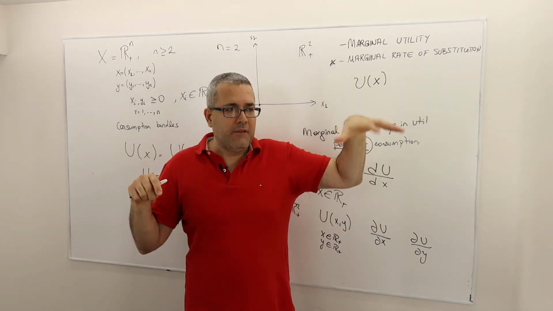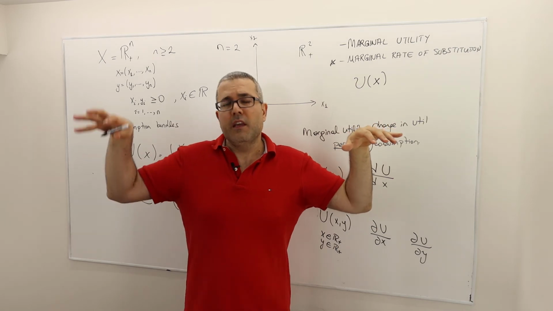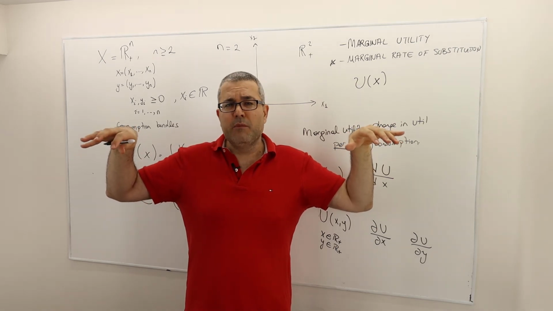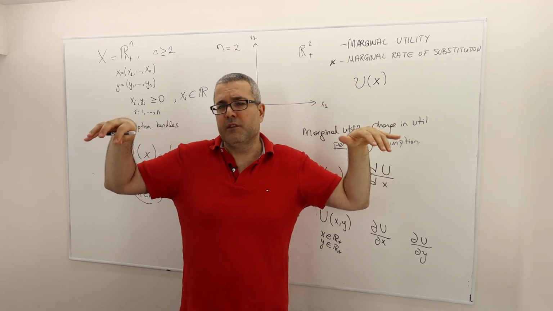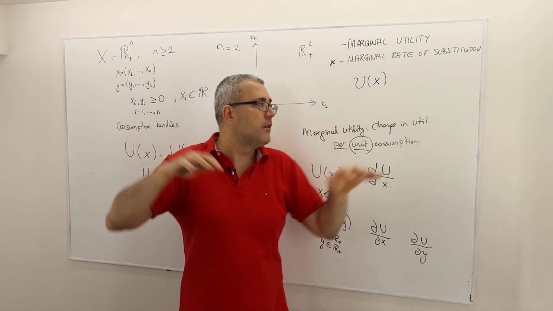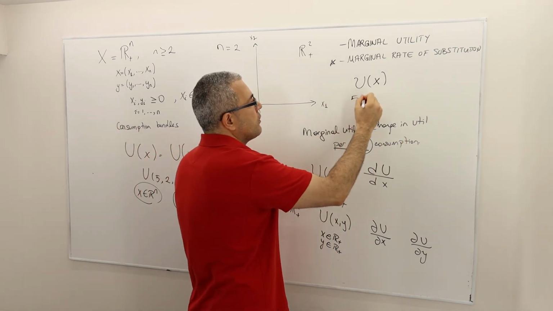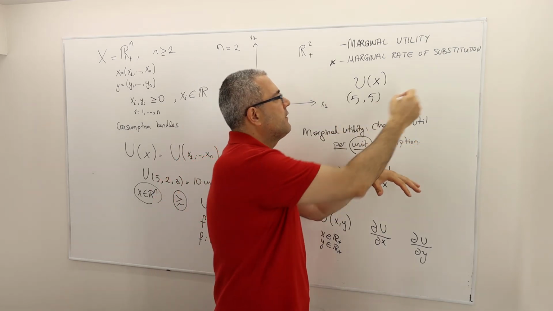Given that I am consuming 5 apples and 5 bananas, here I am decreasing my apple consumption by 1 unit, let's say. So instead of 5 and 5, I consume 4 apples. Maybe I should write it. In situation 1, I have 5 and 5 apples and bananas.